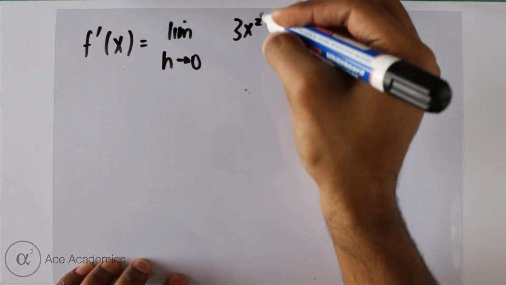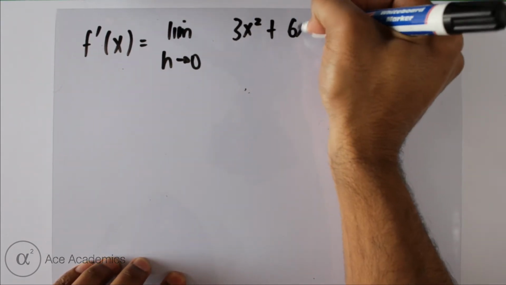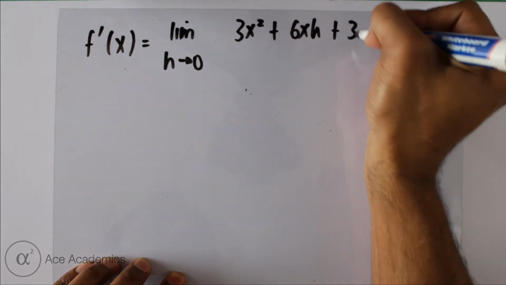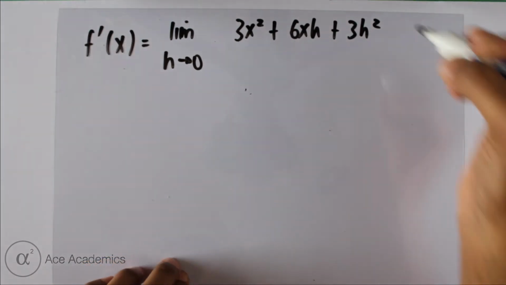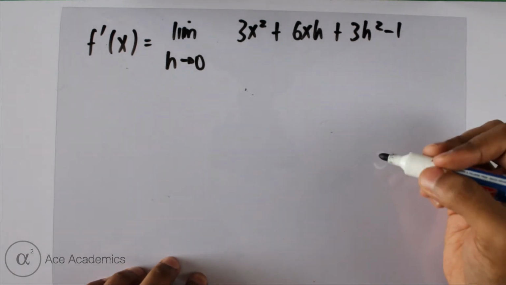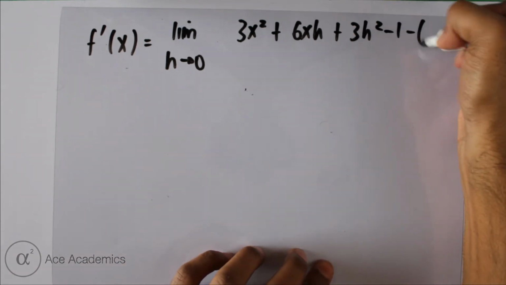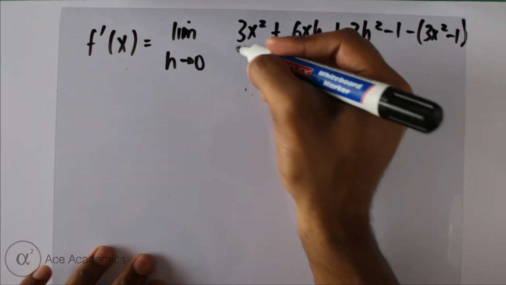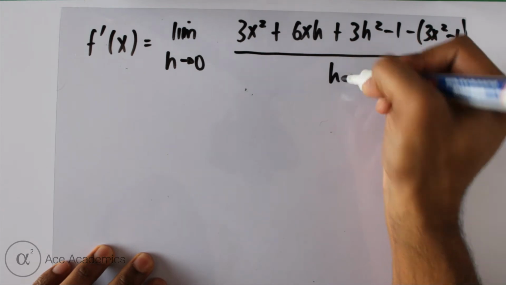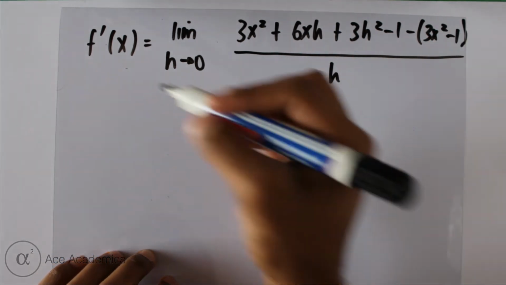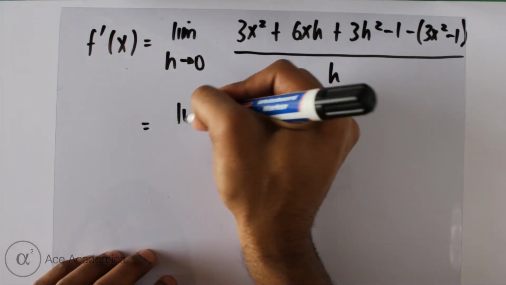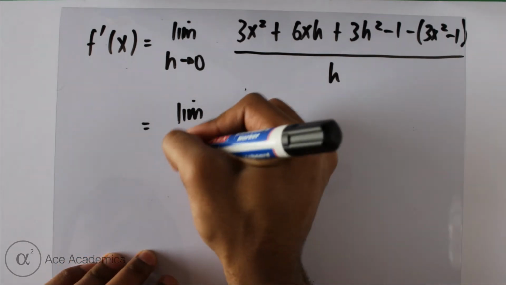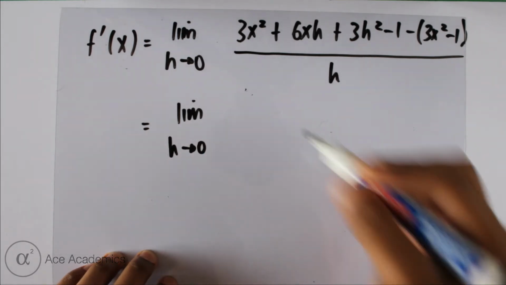3x squared plus 6xh plus 3h squared minus 1, and then minus our original function, which is 3x squared minus 1, all divided by h. Now, as we can see, when we distribute the minus sign into the bracket, we'll have some cancellations again.